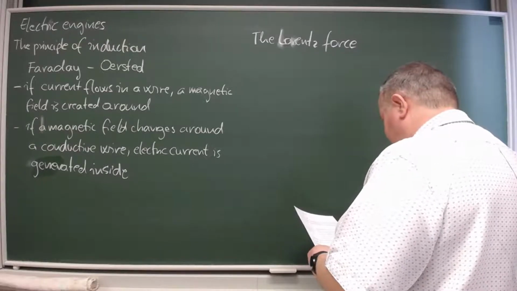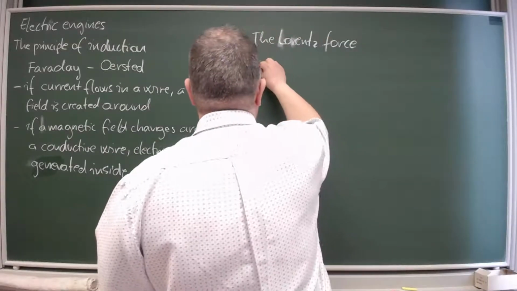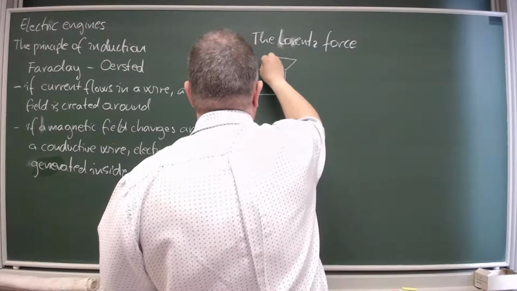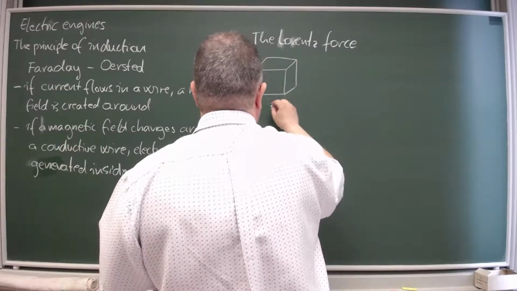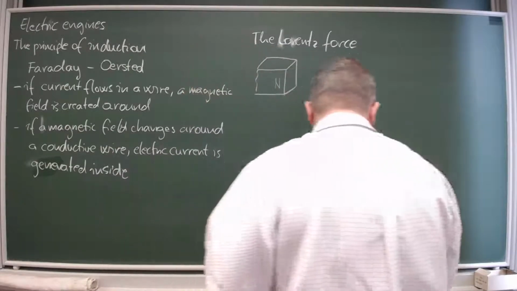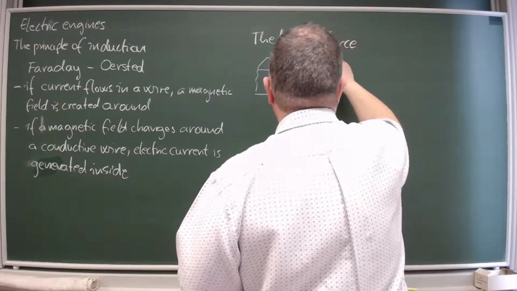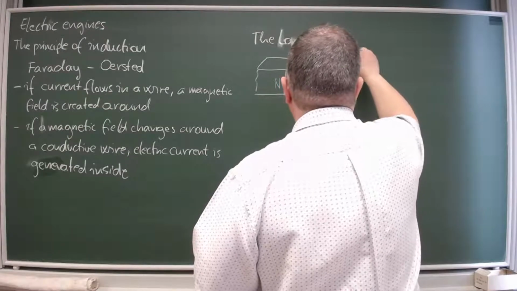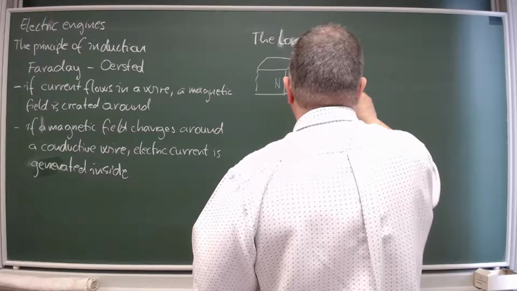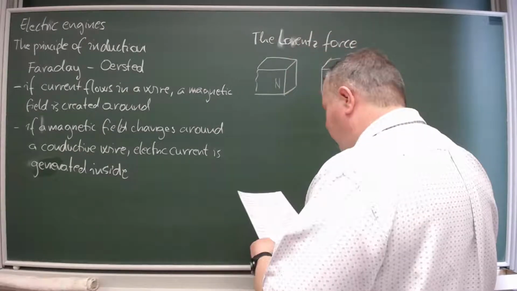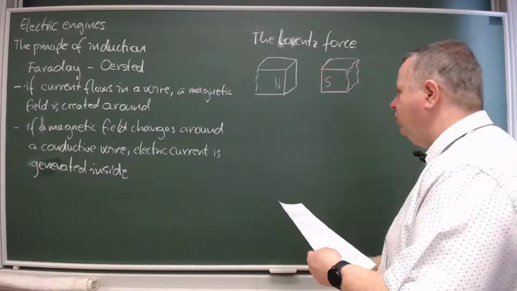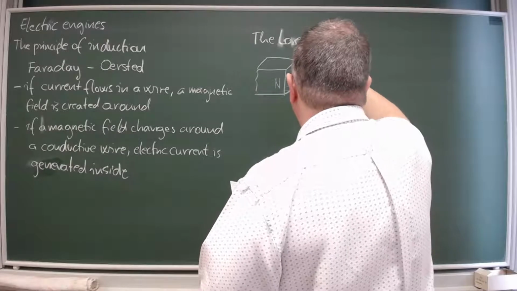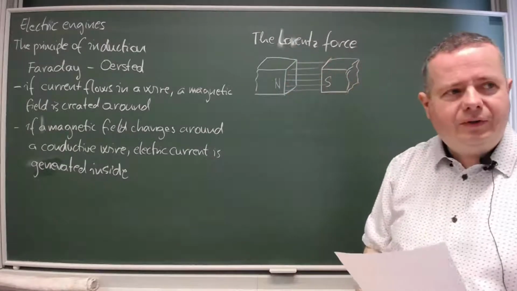If you get a homogeneous magnetic field created somehow, let's say you get here the north pole of a magnet, and here the south pole of a magnet, and you get a more or less homogeneous magnetic field. Here you get the magnetic lines between the north and south poles.